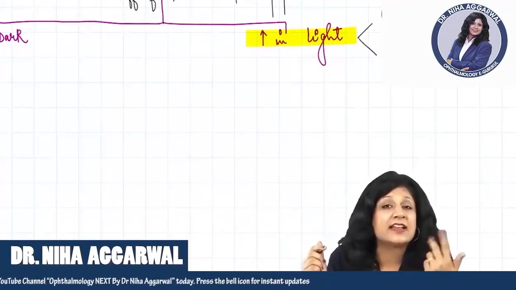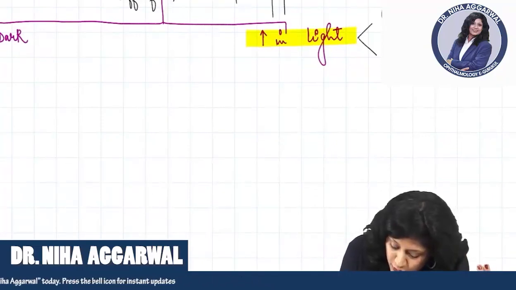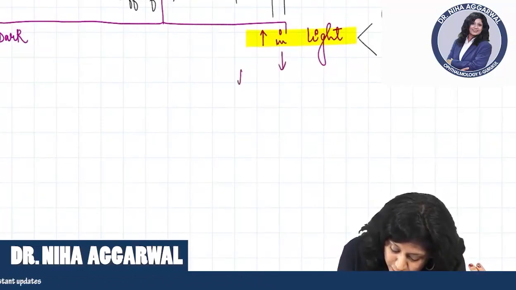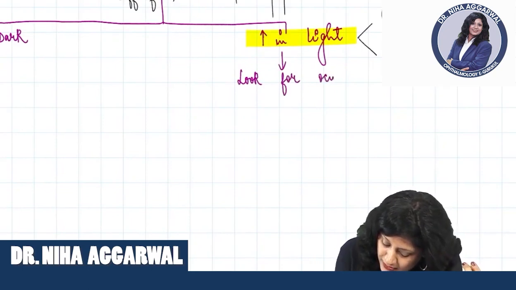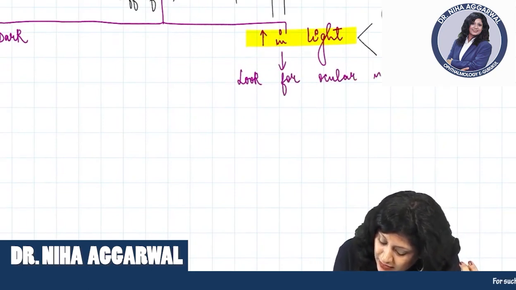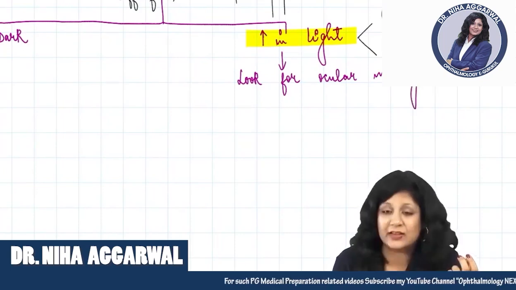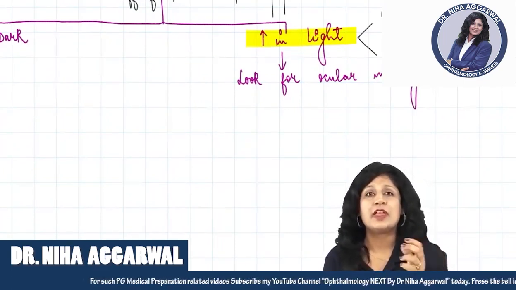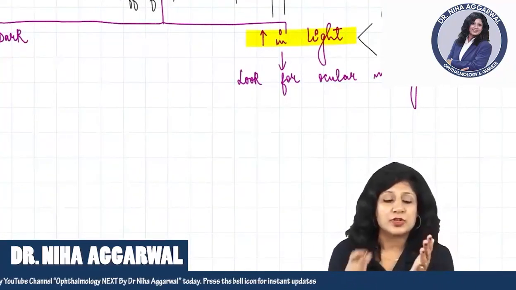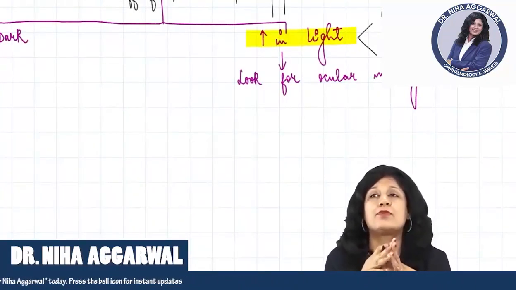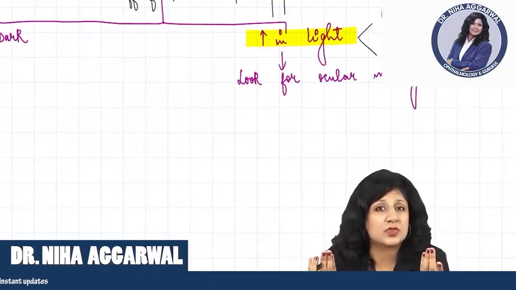So what is the next thing that you should do? You have to look for the ocular motility. This will also help you in your clinical processing. In some questions we have comprehension and analysis type of questions, clinical based questions, where you have to see what the next questions are that you are going to ask.